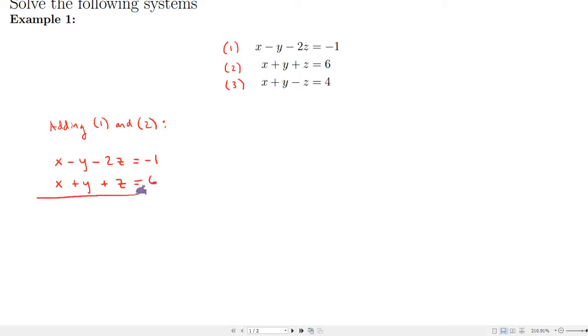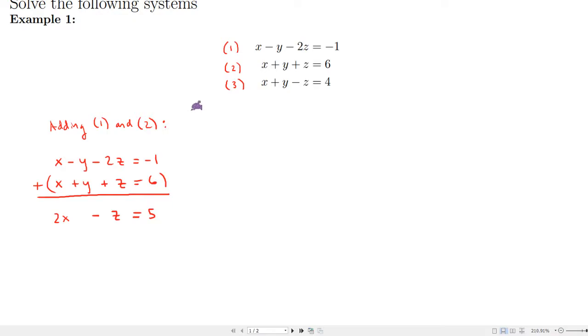If we add these 2 equations, we don't really need to do anything to eliminate the y. They're already just opposite in sign. So we get 2x, 0y, and then minus 1z, and then positive 5 here. Now we have an equation that only has x's and z's.